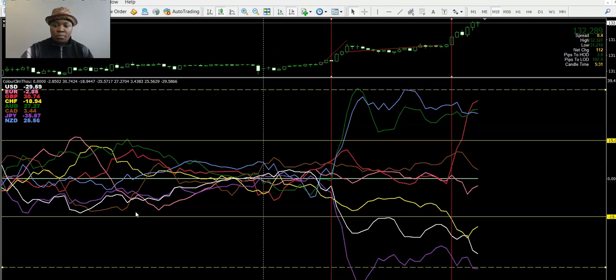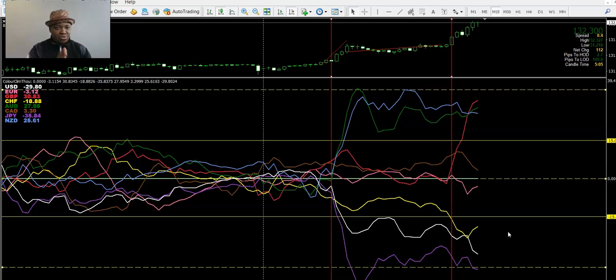When you're looking at the strength meter, you need to focus mainly on the zero line. I know I've never taught you guys about the zero line in any of the videos I've posted online, but when I'm talking about the zero line, I'm talking about this zone right here. There we go, you can clearly see that is the zero line.